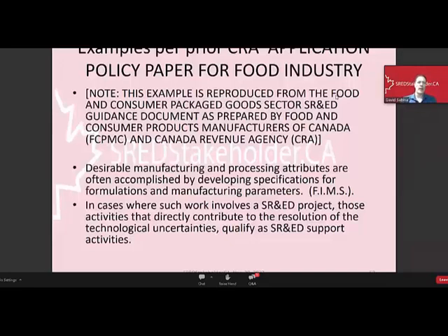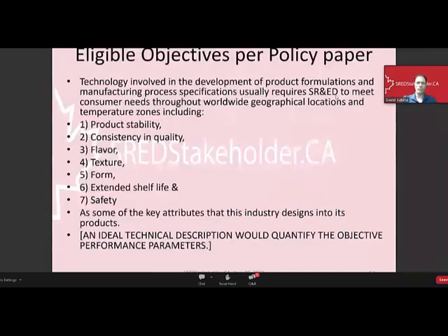And in the food industry application paper, they talk about something called FIMS, or Formula Ingredient Manufacturing Specifications, which is directly applicable to the case here. Okay, so they talk about that typical to the industry, when they'd have to develop formula ingredient manufacturing specifications, they would aim at project objectives very similar to what Canafric mentioned here.